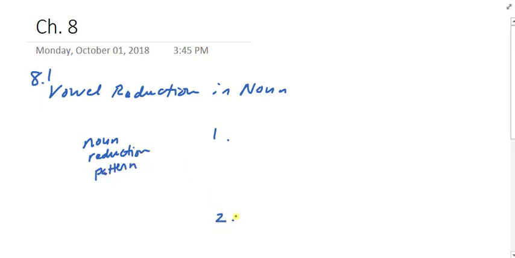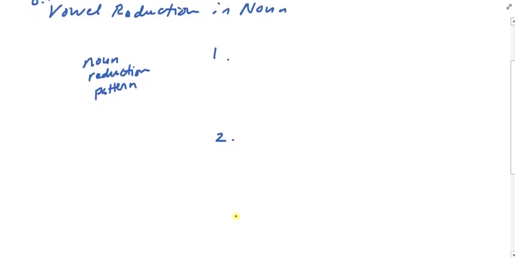And next to number 2, I want you to write down: verb reduction pattern. And there's a reason for this, and I'm going to tell you why.